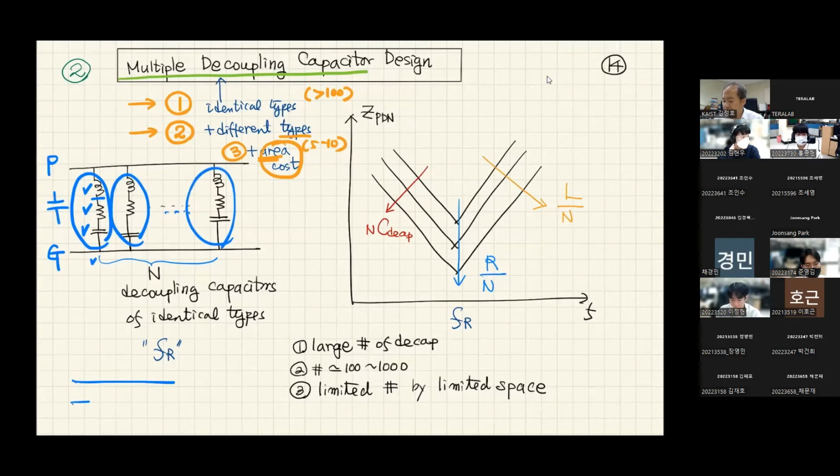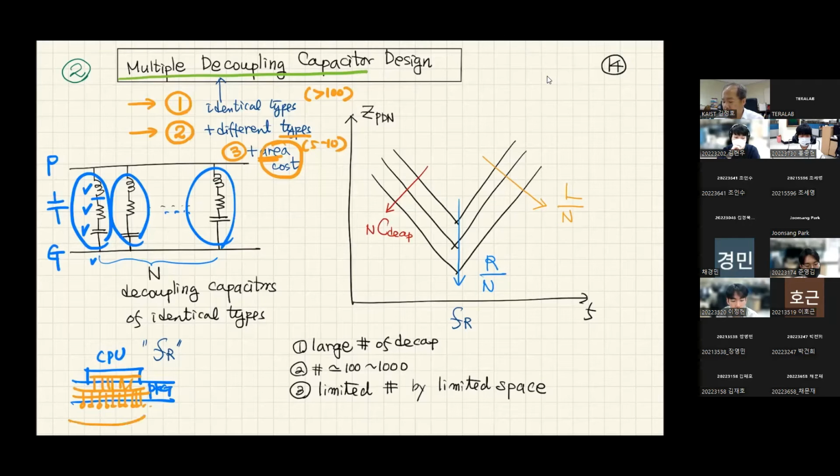For example, let's assume you have a CPU chip, and let's assume this is the package. On the back side of the CPU, we usually put decoupling capacitors. You have a power plane and a ground plane, the decoupling capacitors are connected to them, and this power and ground plane will be connected to the CPU on-chip power ground network.